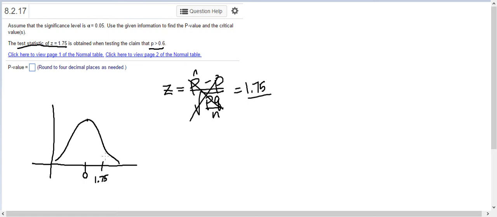So what we're trying to prove here is that this area right here basically represents a percent chance of getting a result like this.